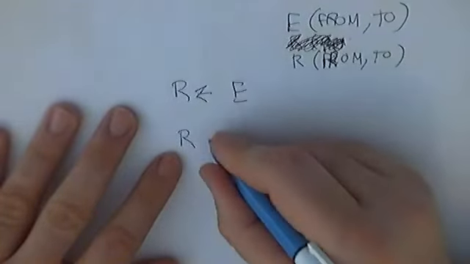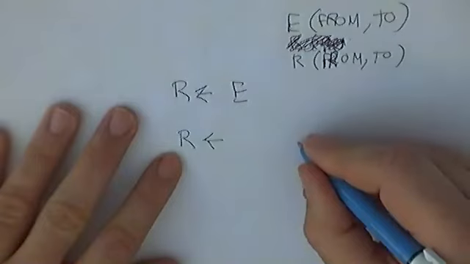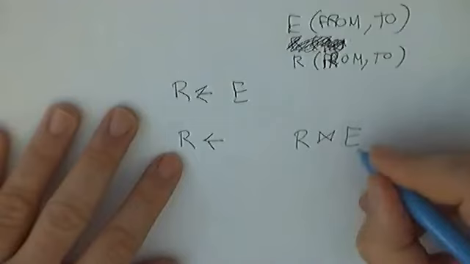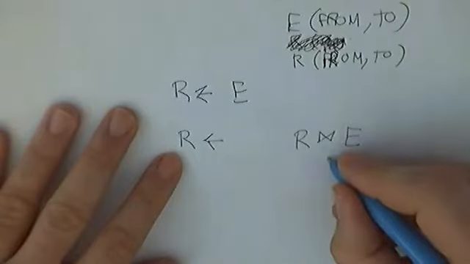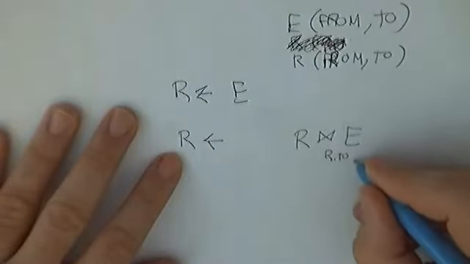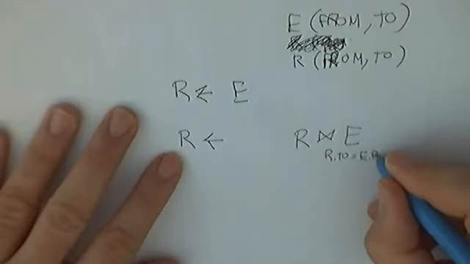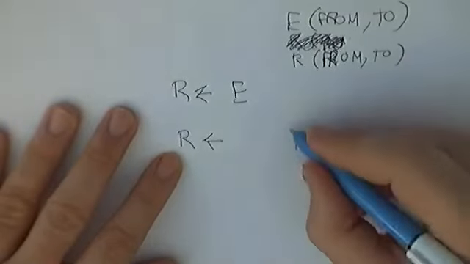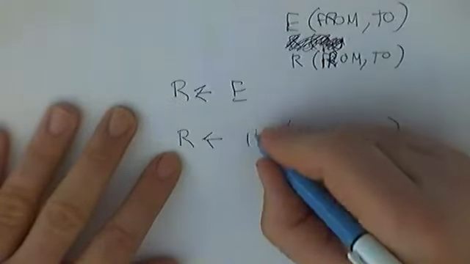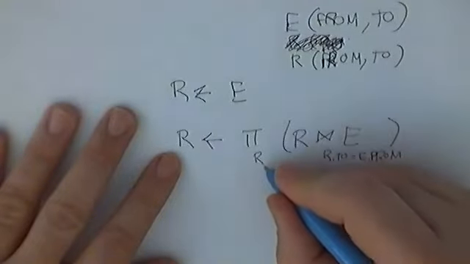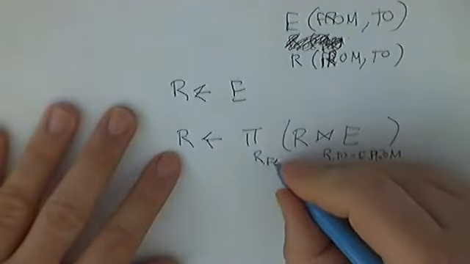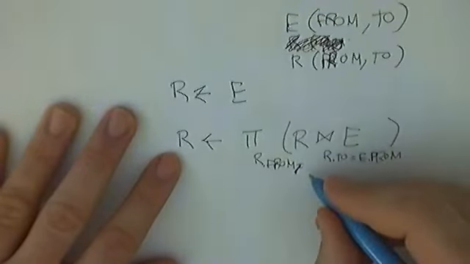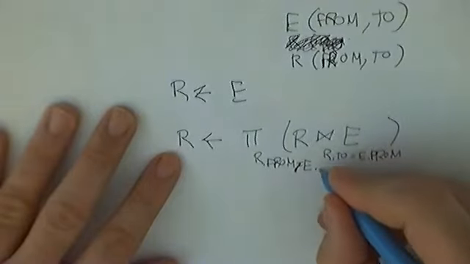I say R equals, and then I'm going to basically say R theta joined with E, where R dot 2 equals E dot from, okay? Project out R dot from and E dot 2.